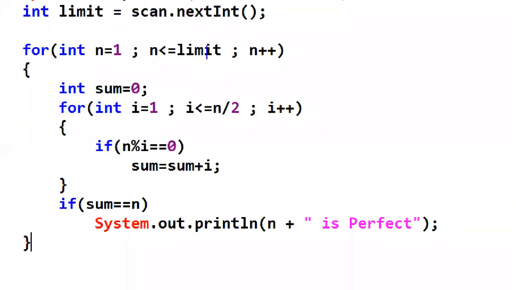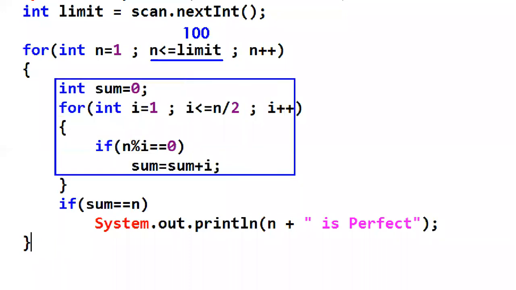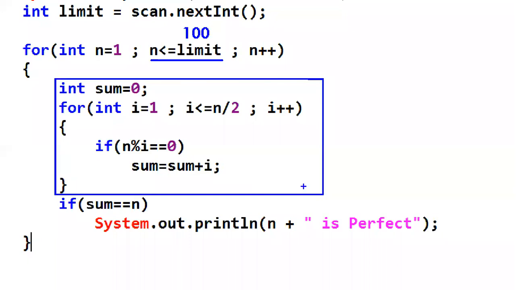Suppose limit is 100. N value 1, 1 is less than or equal to 100, condition is true. Come inside, it checks whether 1 is perfect or not. If it is perfect, it prints that 1 is perfect.